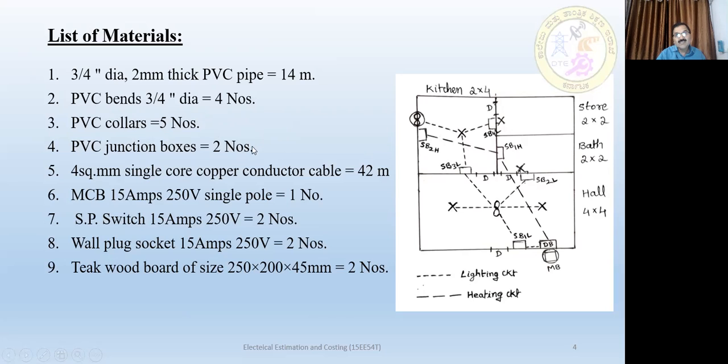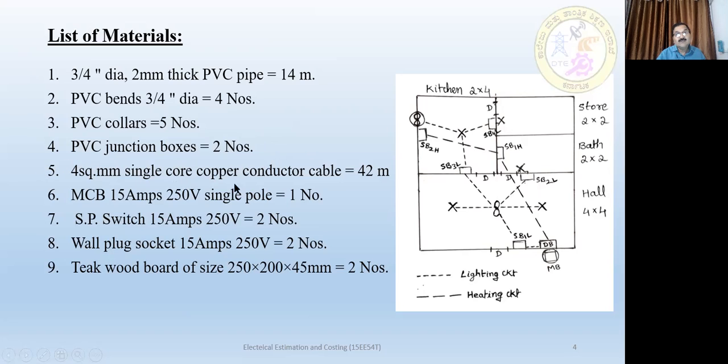I have taken one extra, wherever it is required. So at this point and at this point, we can use junction boxes. So I have taken 2, though actually 1 number is required.